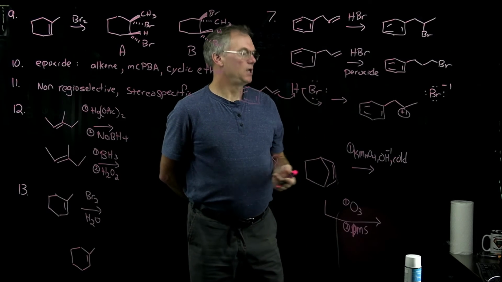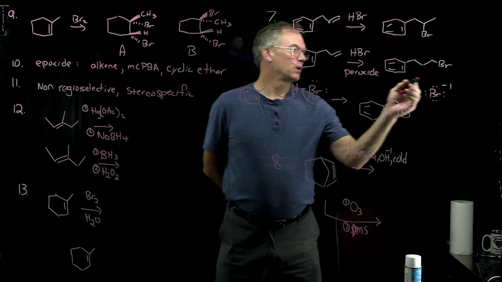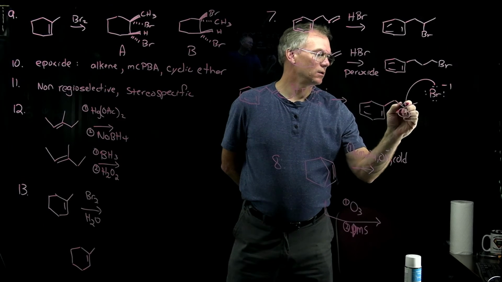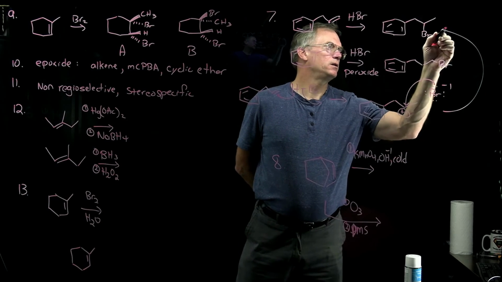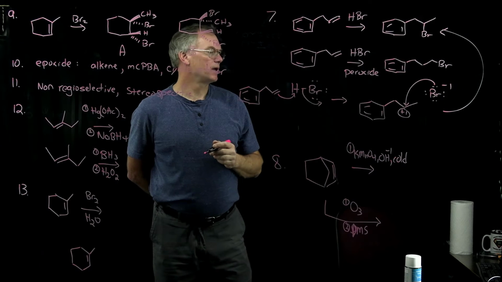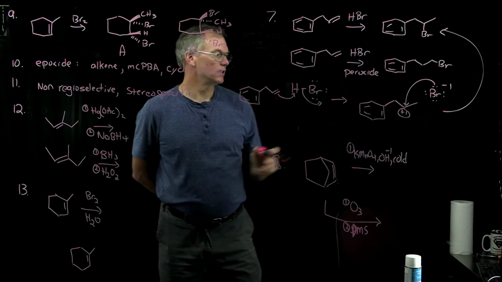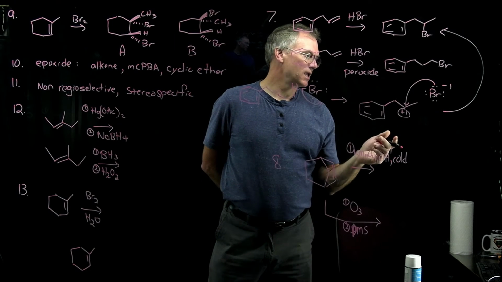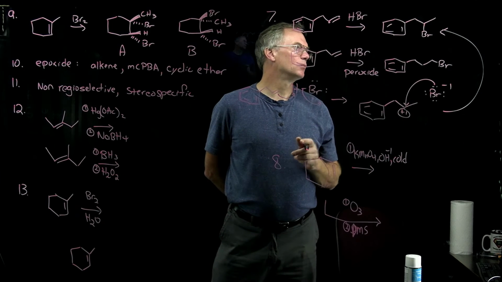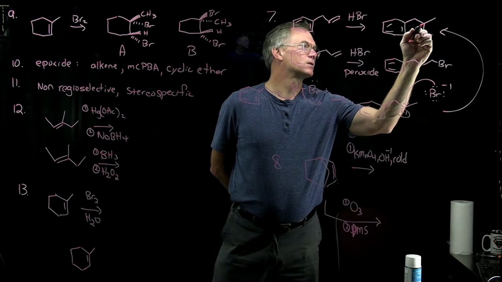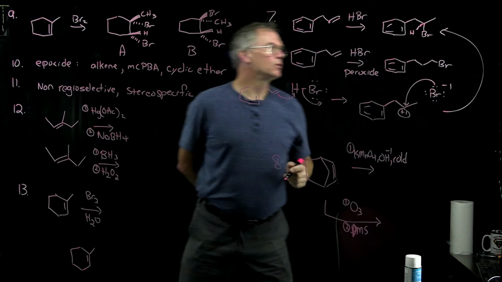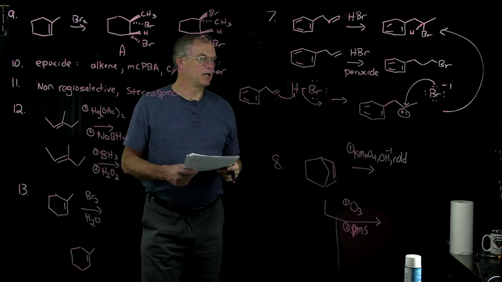And then in the rebound step, the bromide attacks the carbocation, resulting in that halide. And do realize that the carbocation is achiral, so the bromide would come in from either face. And so you would get a mixture of enantiomers.